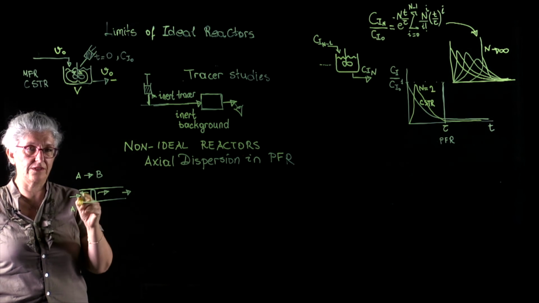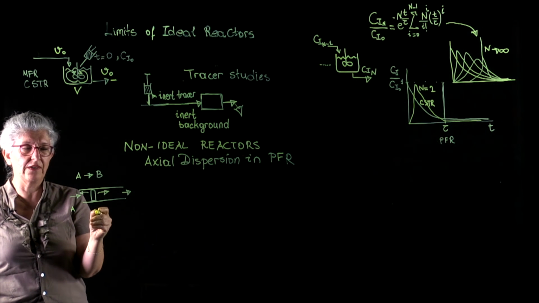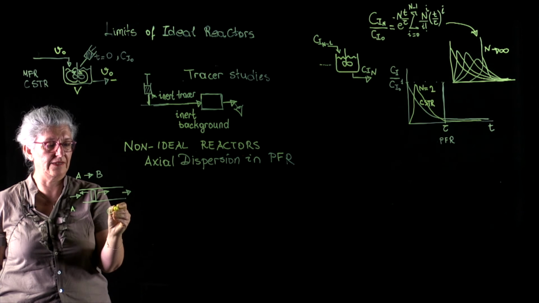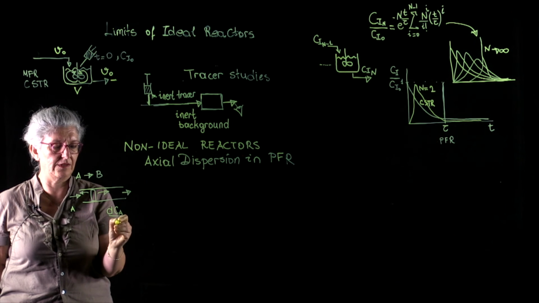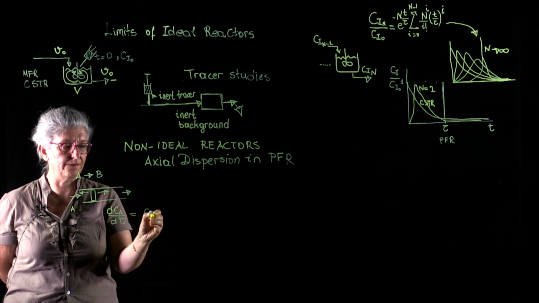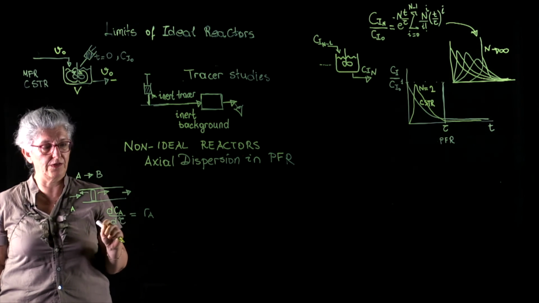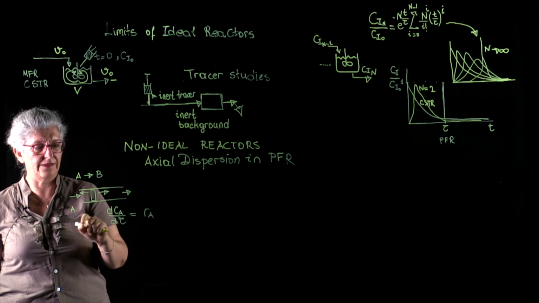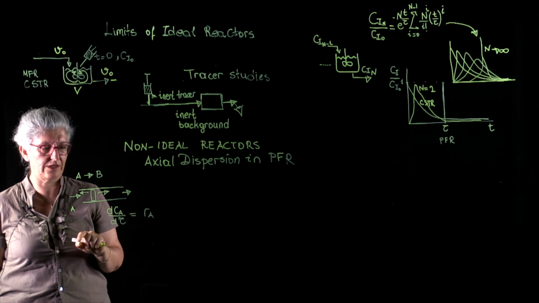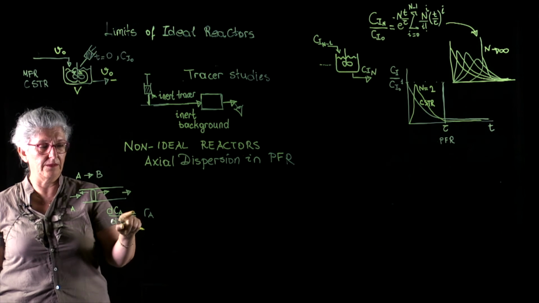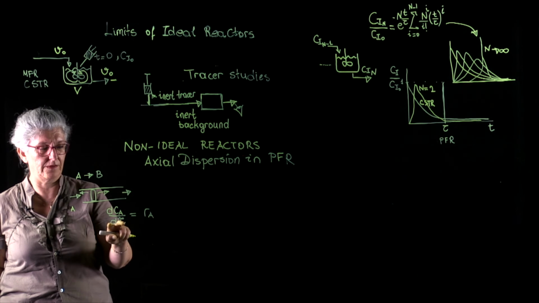Under steady state conditions, the plug flow reactor design equation was of the following structure: dCA over d tau was equal to R sub A. We have taken care of the volume by bringing it to here and leaving this equation not in terms of a function of volume or a function of position, but as a function of space-time.